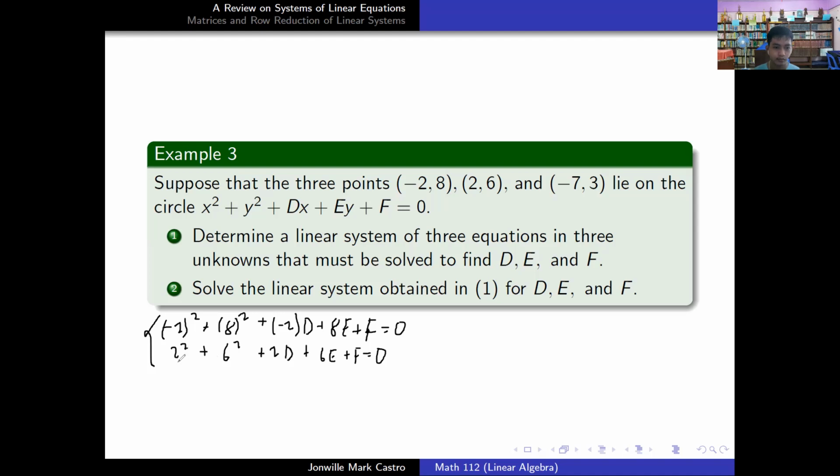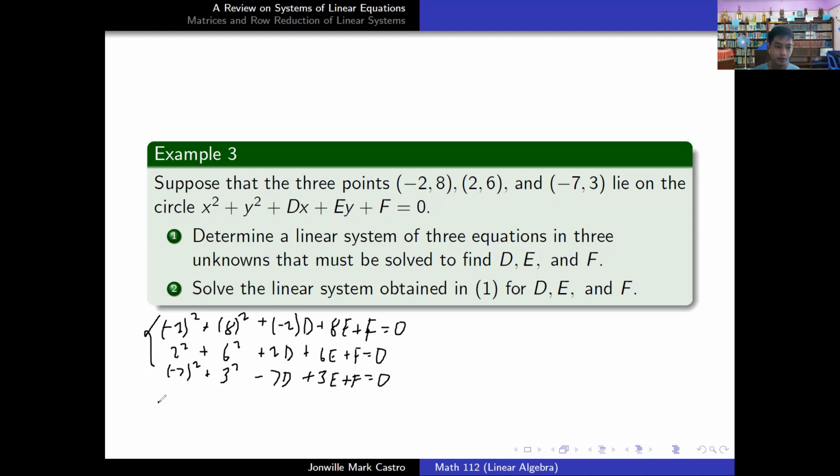And last, we have negative 7 squared plus 3 squared minus 7d plus 3e plus f equals 0.